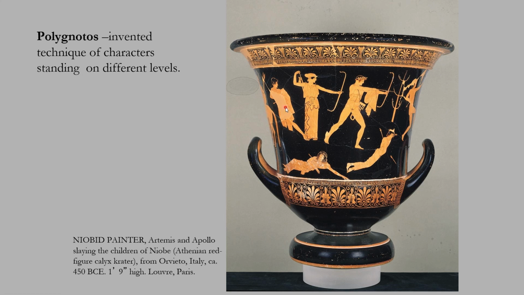we see this scene of slaughter, but you see the bodies lying in the foreground and the background. You'll notice that there's some weirdness with the scale, that the figures in the foreground appear smaller than the figures in the background. The Greeks were still figuring it out.